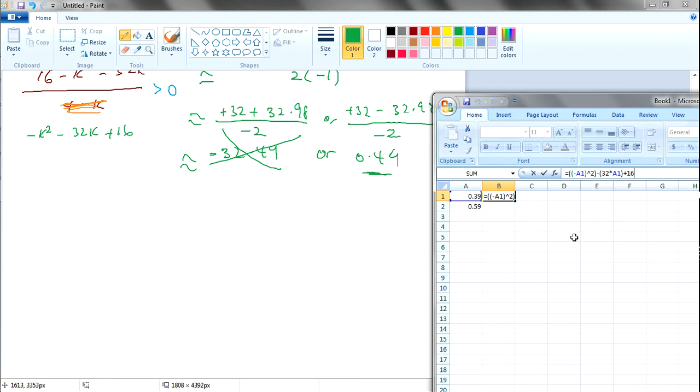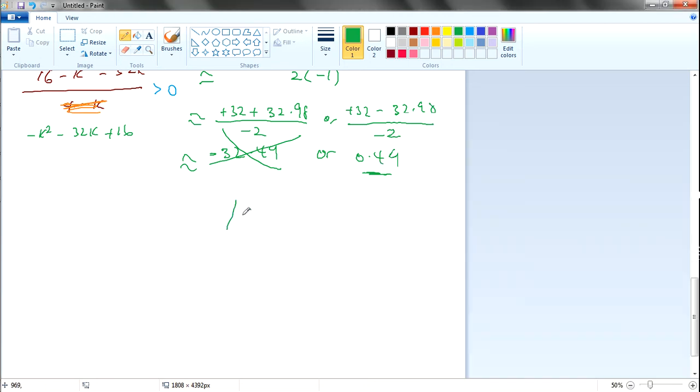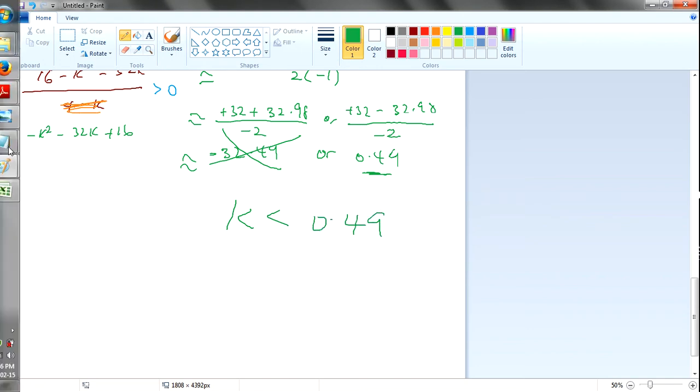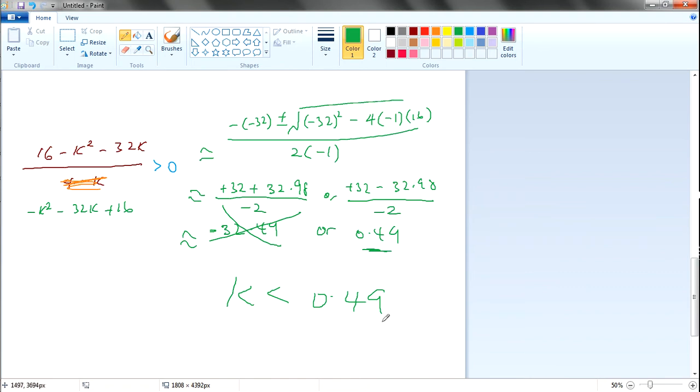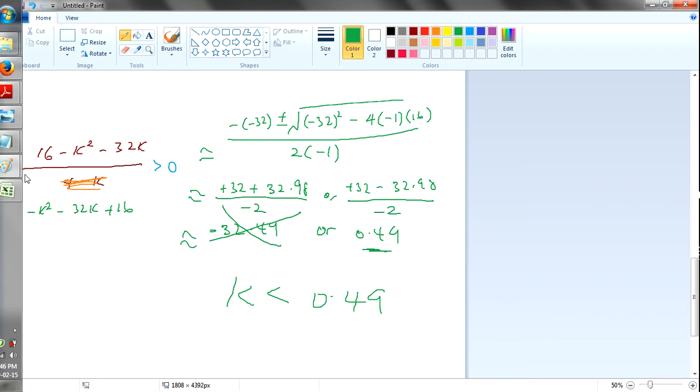When I press enter, I have a value. So for k that is smaller than 0.49, we are considered stable, because if you sub it in, you are larger than 0, so it is safe.